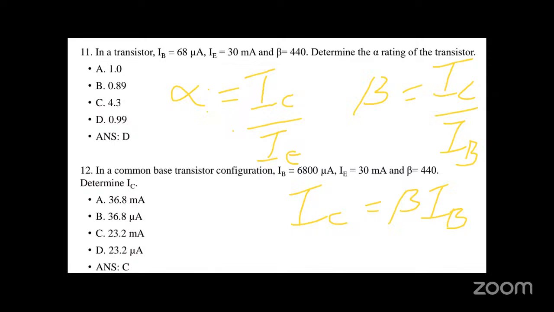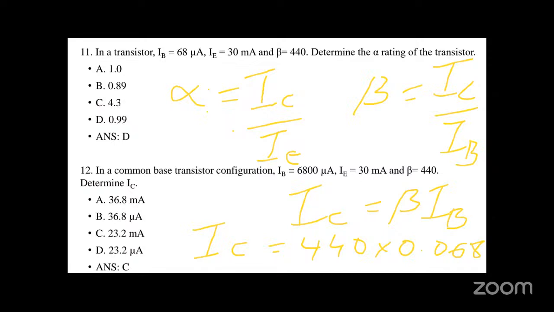IB is 68 microamp. So let's convert the microamp to milliamp because of the IE, which is in milliamp. So we have IC becomes 440 times 0.068.